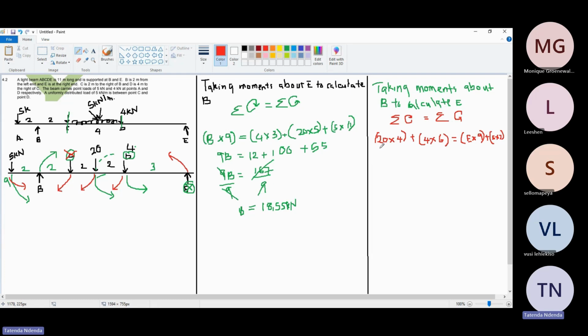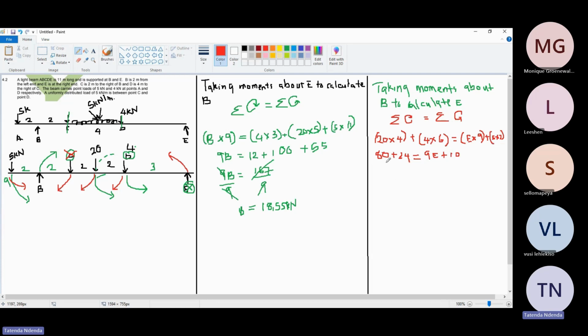So here 20 times 4 is 80, plus 4 multiplied by 6. 4 multiplied by 6 is 24, I think, just confirm, equals 9E plus 5 multiplied by 2, that's 10, isn't it?